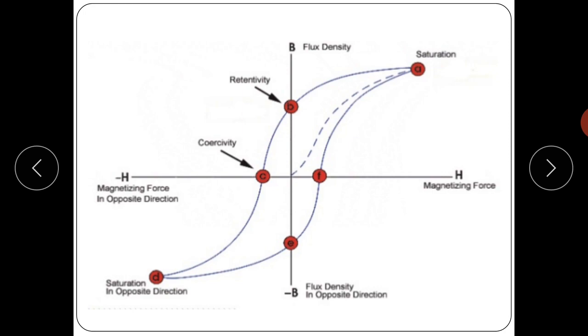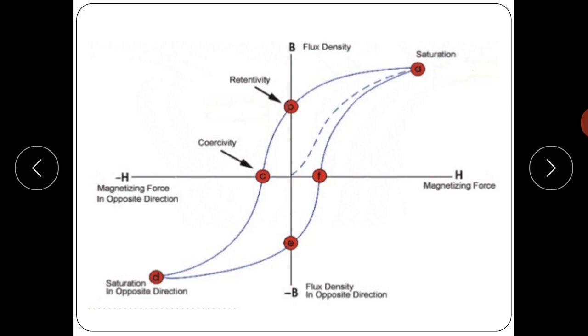OC is the remnant flux density Br, which is present even when the applied external magnetizing force H is 0.